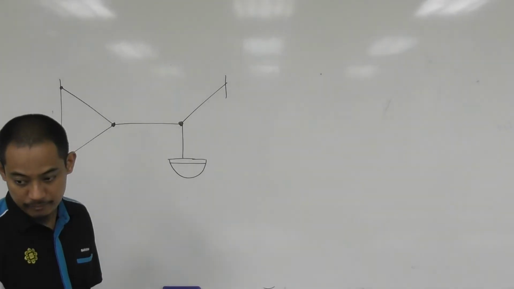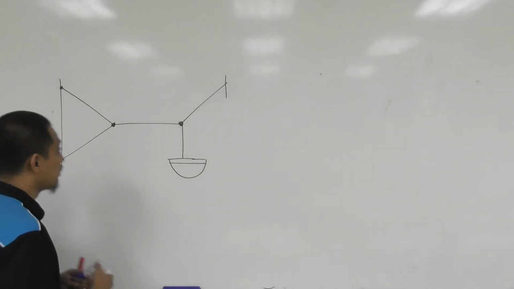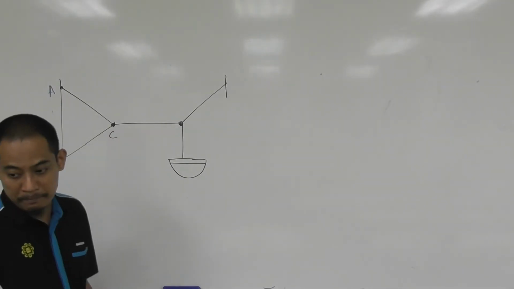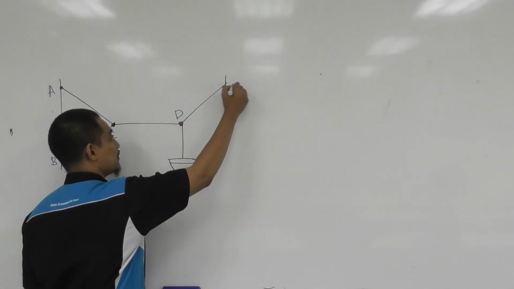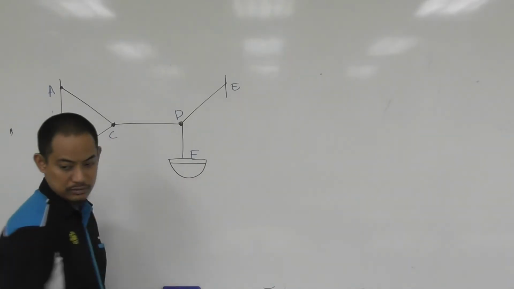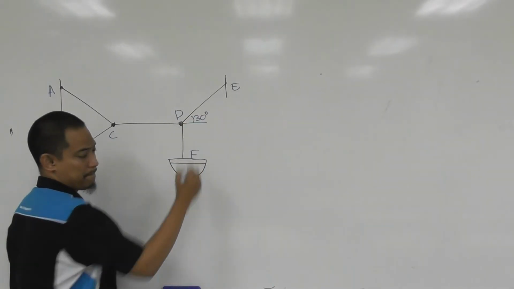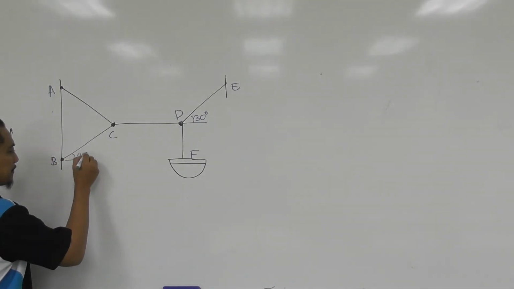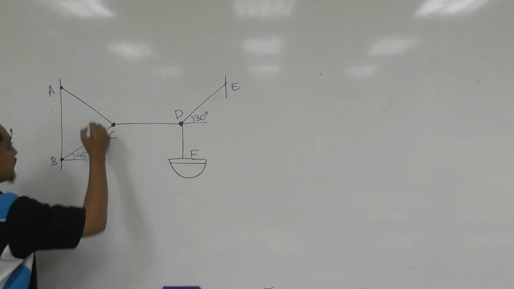We have points A, B, C, D, E, F, and then we have the angle of 50 degrees here, 45 degrees here, and a 3, 4, 5 triangle.